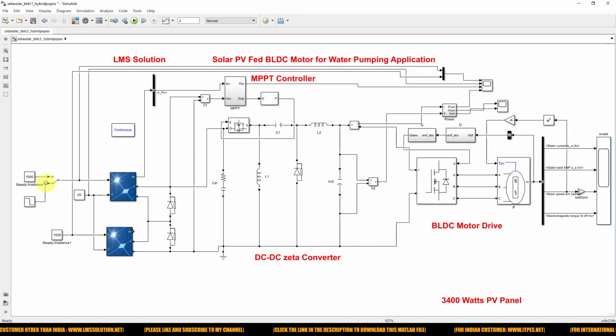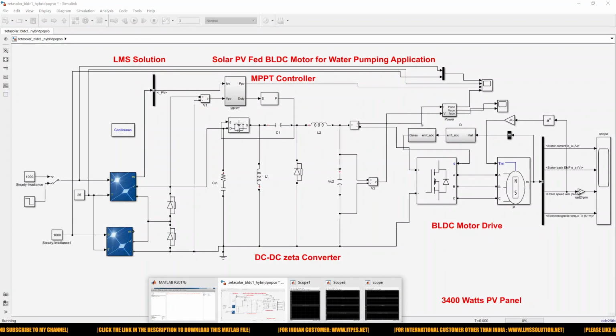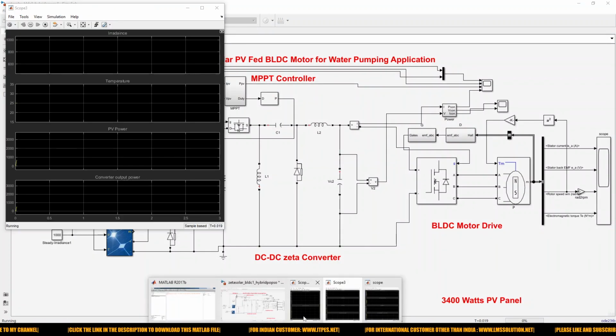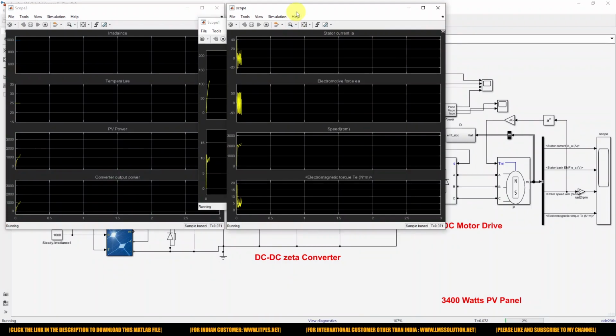So now I am going to operate this model at uniform radiation. That means I am going to fix the radiation for both panels equal to 1000 watts per meter square, and I am going to test the response of the system under hybrid PO PSO MPPT.